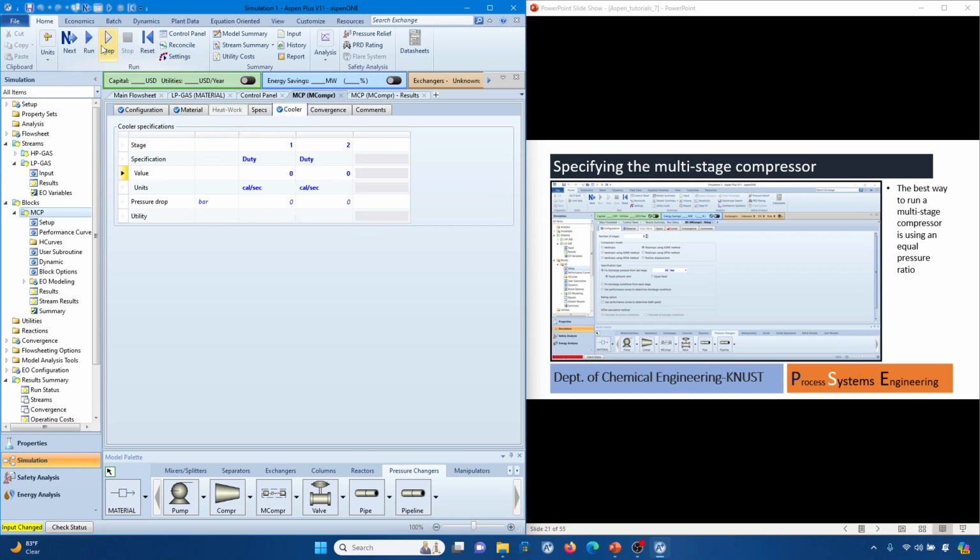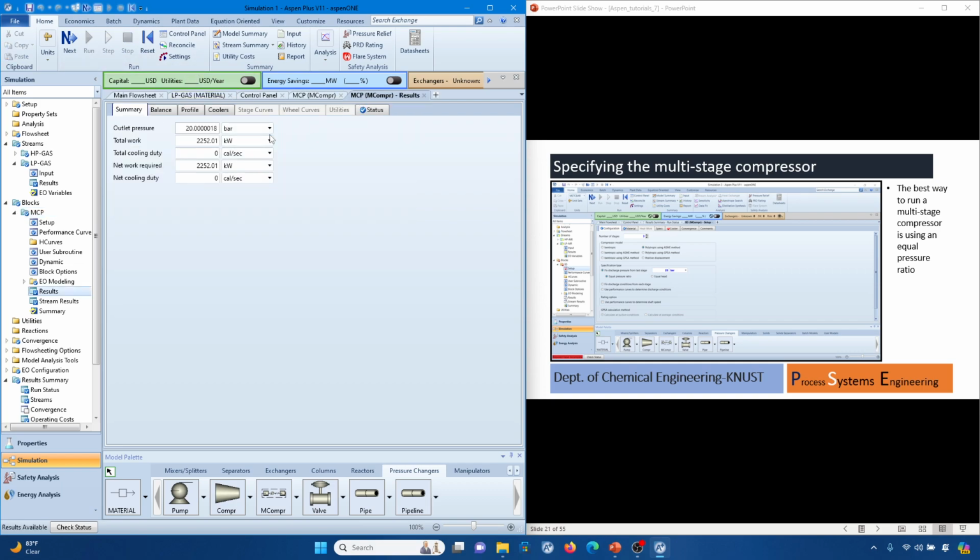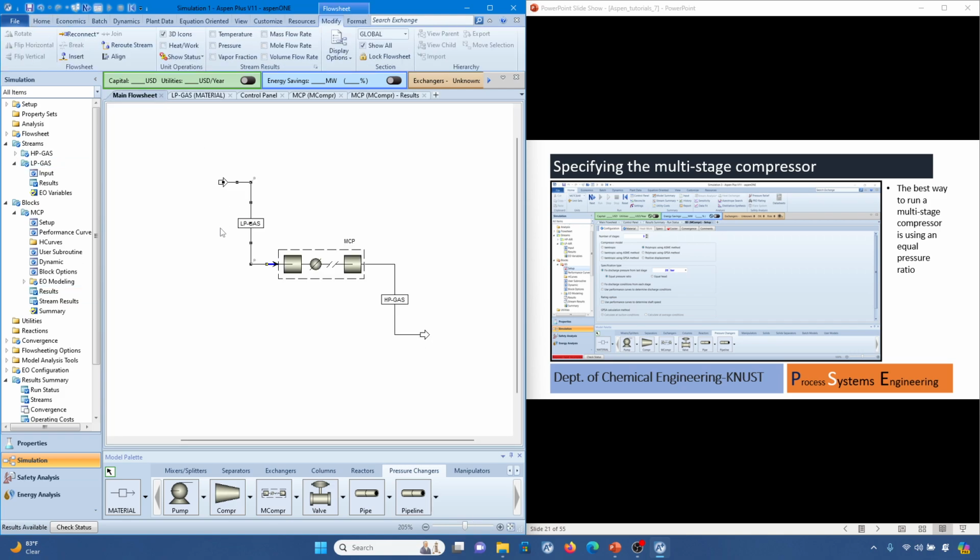So we run it like the first case. By doing that, we see that we have the same work or duty. We have to supply 2.25 megawatts of energy, similar to the single stage compressor. So the cooling there is important. That's the point of multi-stage compression.